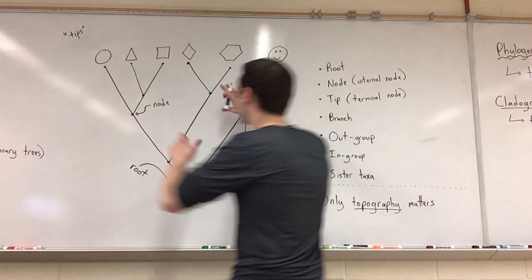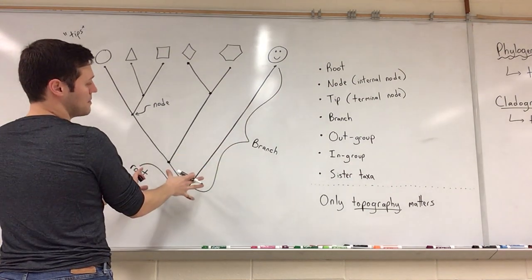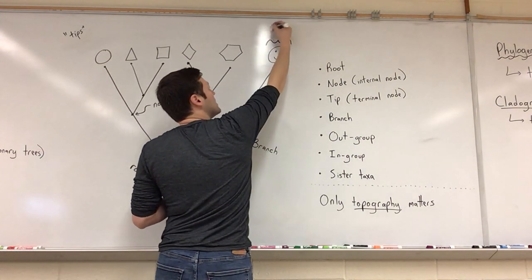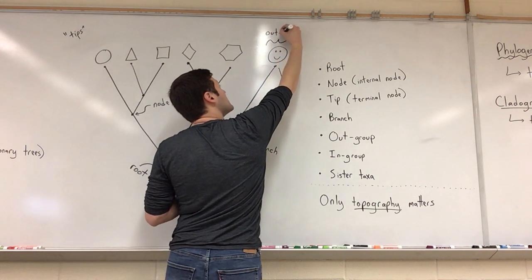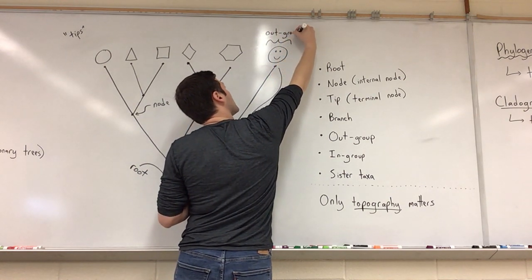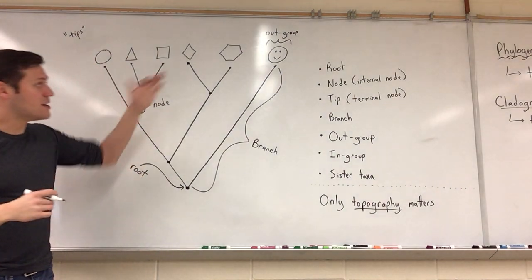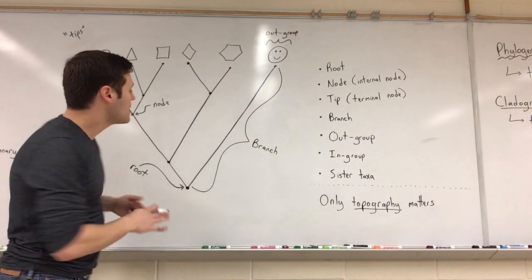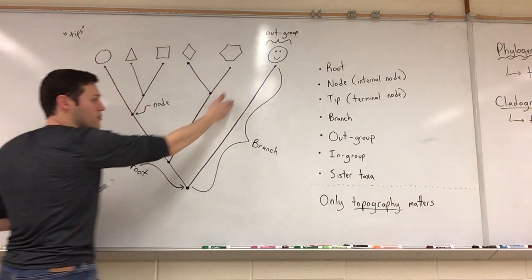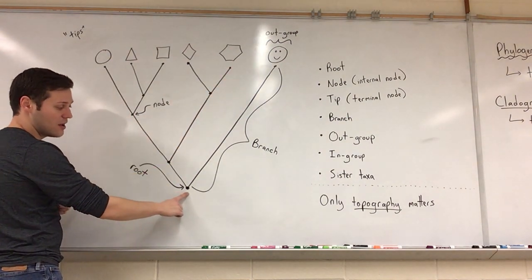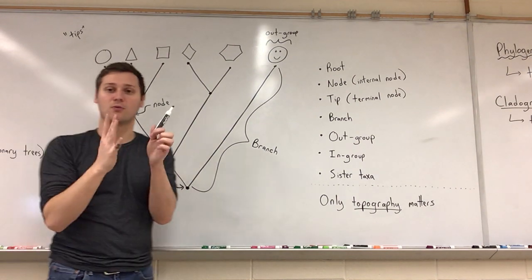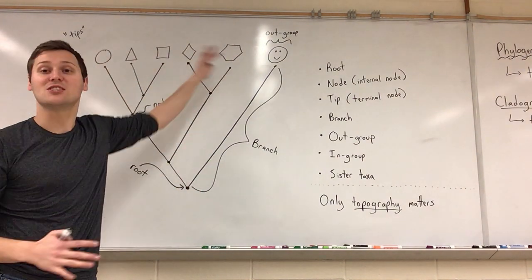This right here, if we consider this tree, this guy right here would be our outgroup. And we know that species is our outgroup because it diverges from the oldest ancestor, but it doesn't have as similar relatedness to all these other species depicted.